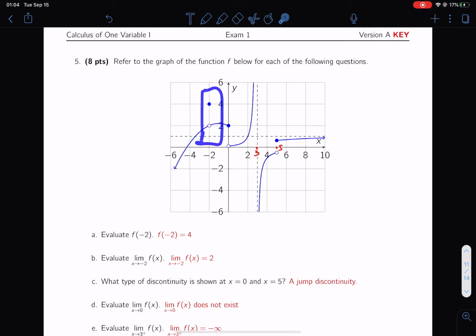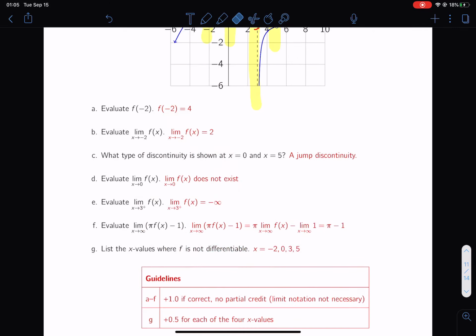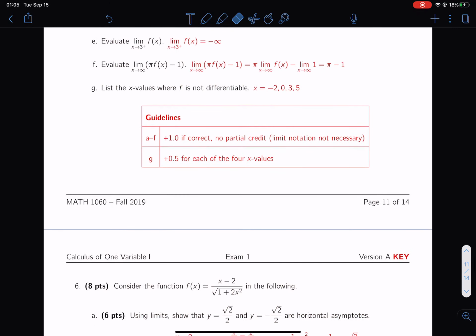This is a removable. And then for this one, not differentiable. First point, second point. This is infinity. And the last case, this one. So we have these 4 points.